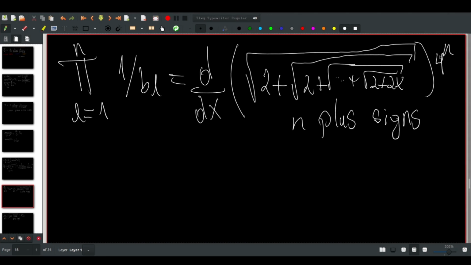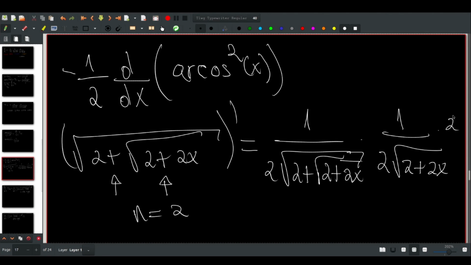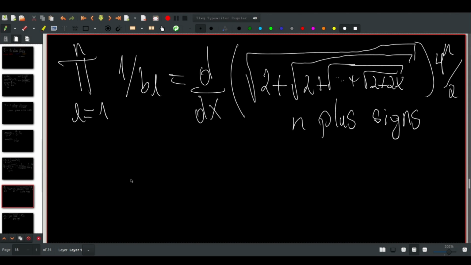There's a factor of 2 per BL, and there's also a factor of 2 because every time we took a derivative, we gain a 1 over 2, which we didn't want. But there is a final factor of 2, which is this factor of 2 that was coming from the final internal derivative, and this factor is there, so we need to divide by it.